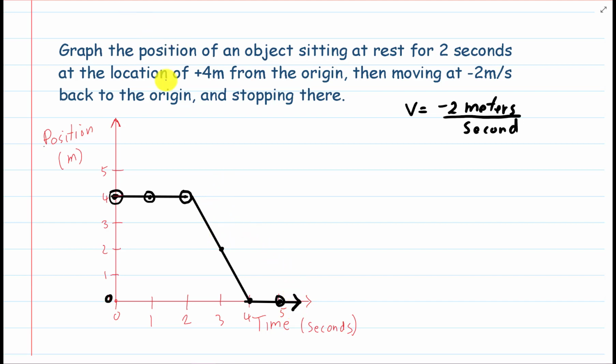And I'll draw circles around these points because those points exist. So that's what the position time graph looks like of an object that is sitting at rest for 2 seconds at the location of +4 from the origin, then starts moving exactly at -2 meters per second back to the origin and stopping there. And then it continues on, sitting at the origin.